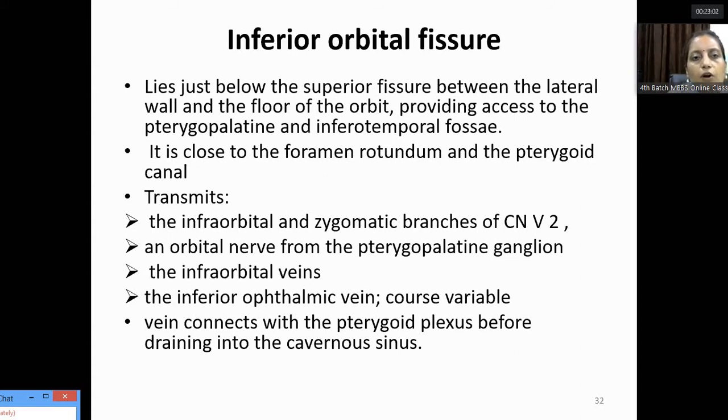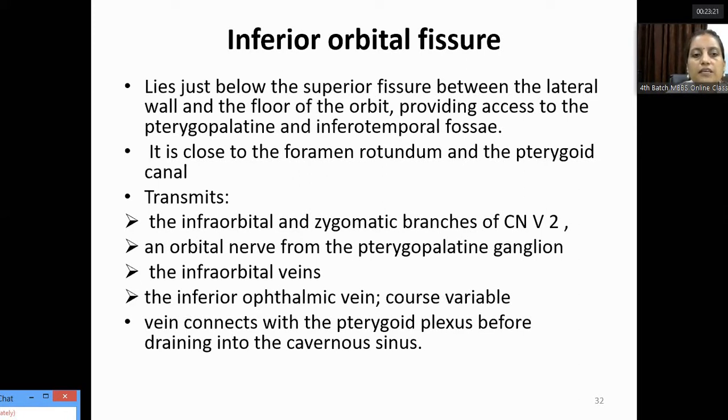Similarly, the inferior orbital fissure lies just below the superior orbital fissure, between the lateral wall and floor of the orbit, providing access to the pterygopalatine and infratemporal fossa. It is close to the foramen rotundum and pterygoid canal.